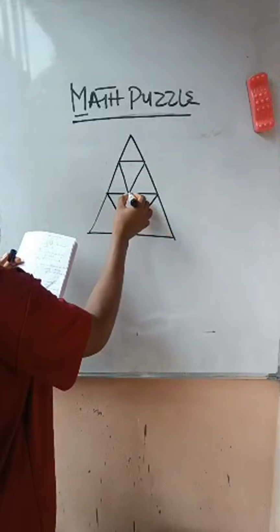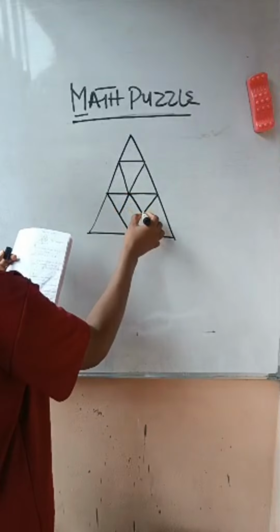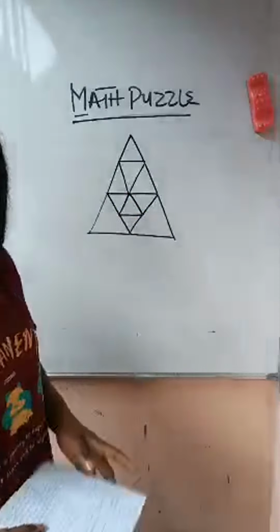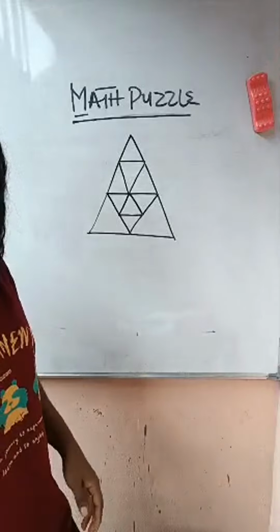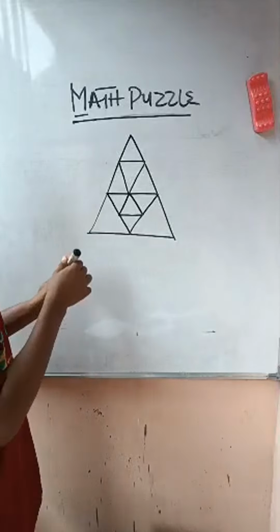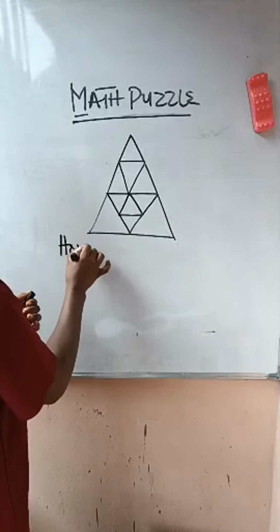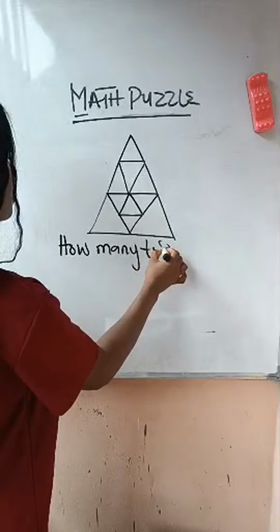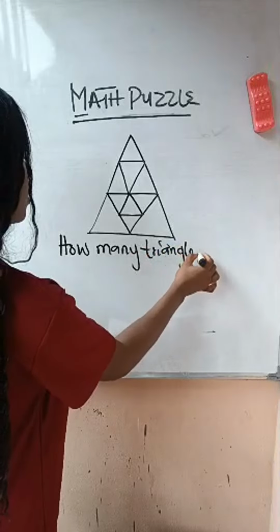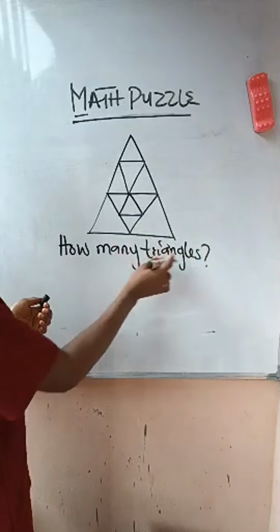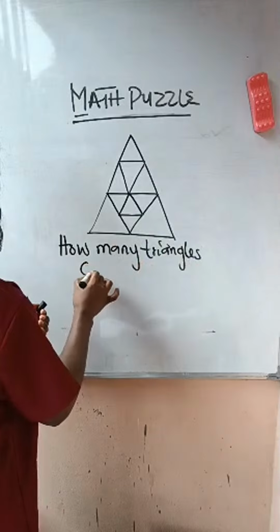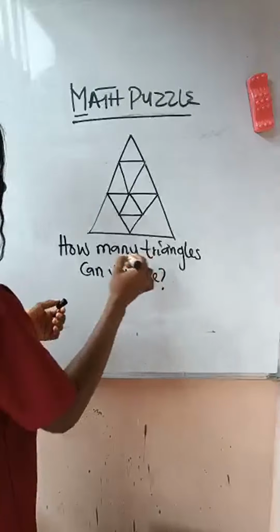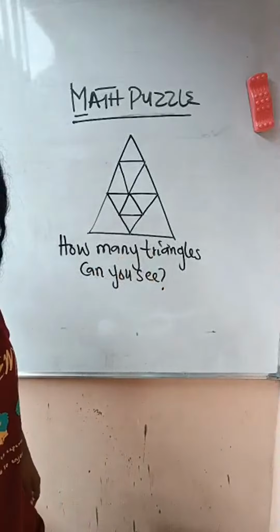And I have this, I have this, I have that. So the question says how many triangles can you see?